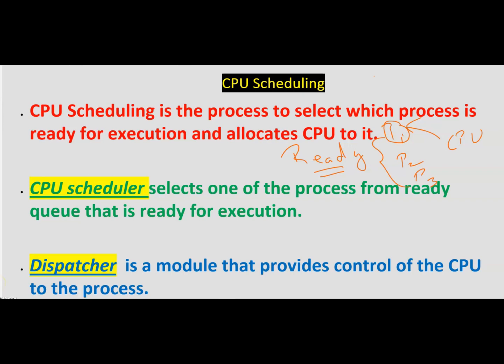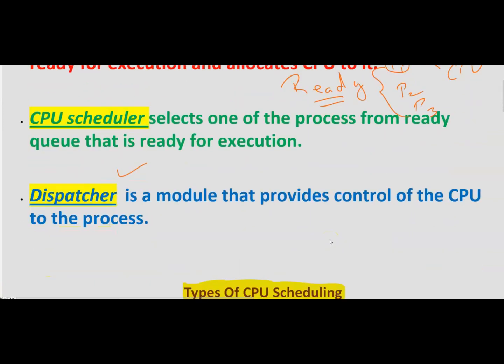Who assigns the CPU to process P1? That is the dispatcher. The control of the CPU is given to the process by the dispatcher, and the selection part is done by the CPU scheduler. I hope you got both the components.